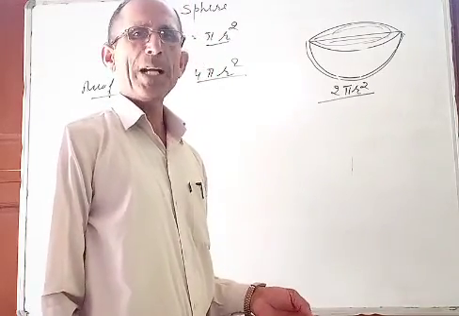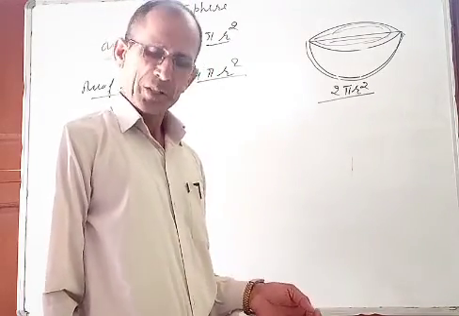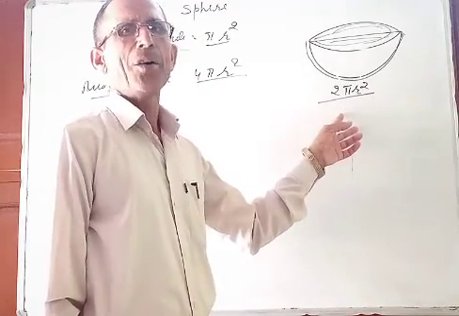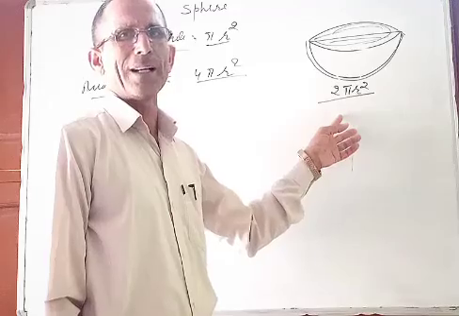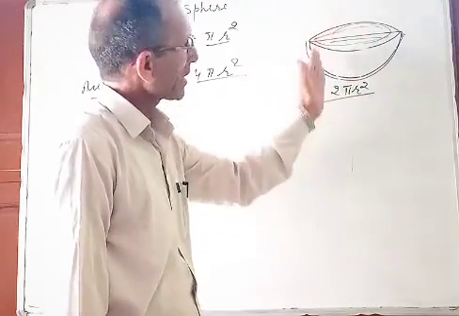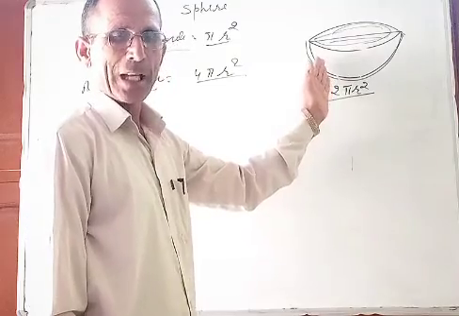These are the main points, and every student needs to understand the main points and the concept of how we derive the formula to find the total surface area of a hemisphere. So now the sphere is cut into hemispheres.